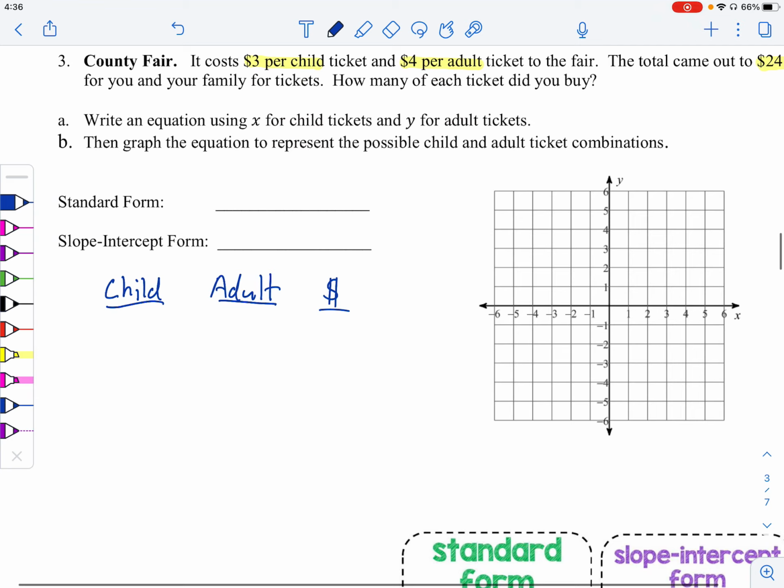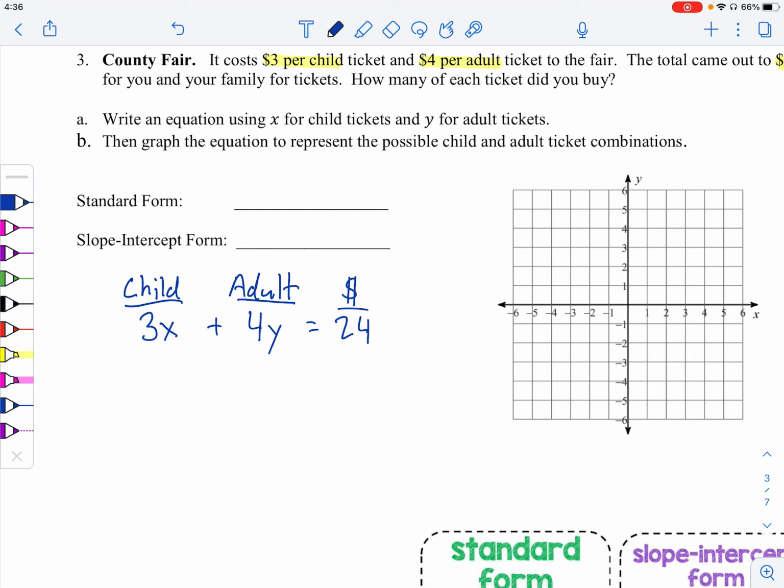So that's our categories. Child was $3, so I'm going to put 3x, right? 3 per child. And adults was 4, so I'm going to put 4y. And use different letters. So plus here equals our total amount, which is $24.